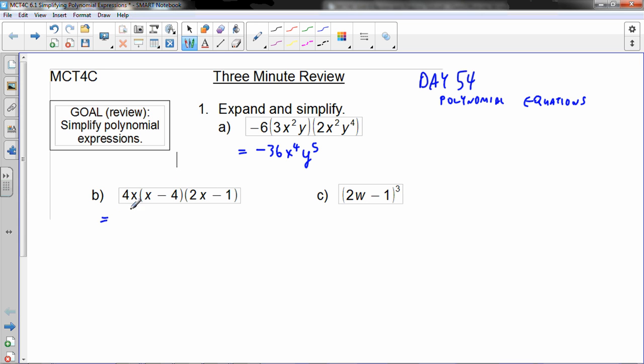Here we've got 3 brackets multiplied. I'm going to multiply the second 2 brackets first, and then end up with a trinomial inside the brackets, and then multiply through by the 4x. So multiplying everything times everything. And some people probably have done this enough that they could do this in one step, but I'm going to show all my work here.